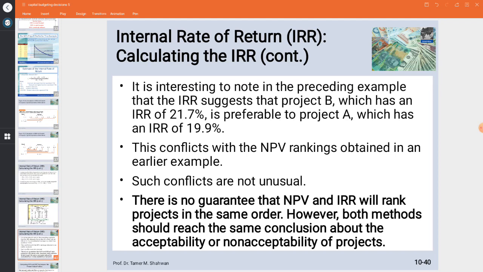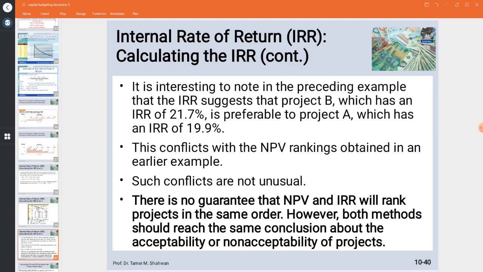So you must be careful about this when you are trying to calculate and compare between two projects. But in most cases, both of them are going to give you the same conclusion about whether a project is acceptable or not.